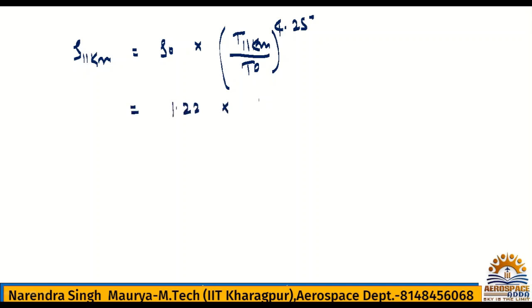What is the 11 kilometer temperature? 216.5 divided by 288 to the whole power 4.25. We'll calculate this. 216.5 divided by 288 to the whole power 4.25, multiplied by 1.22.